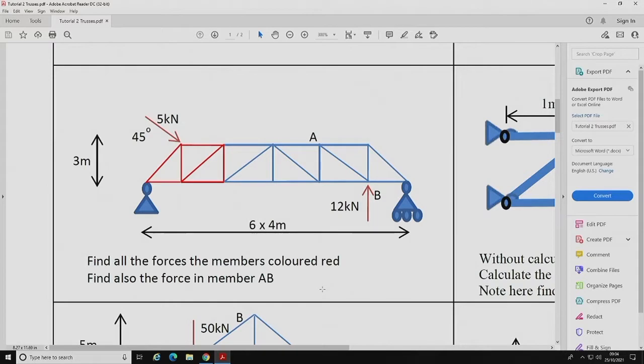For the horizontal component, the moment about this point, which is the left support, would use 3 meters. But for the vertical component, the distance is 4 meters. So you can find the moment, and once you find the moment, you find the reaction forces at the supports. Is that clear or no?